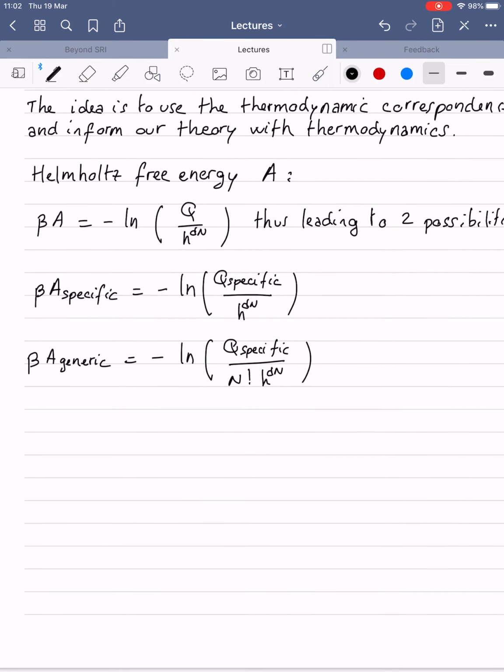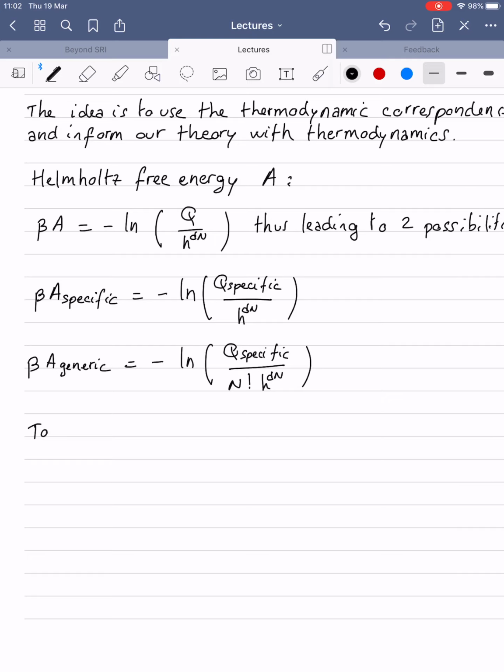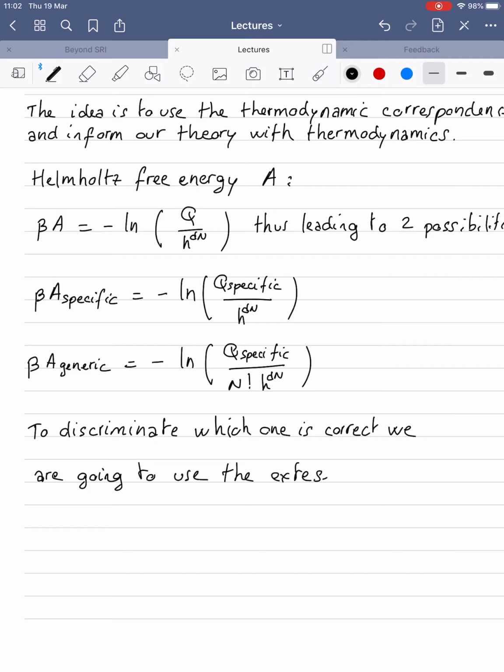So now, to discriminate which one is correct, we are going to use the extensivity property of beta A. Okay, so that's what we want to do.